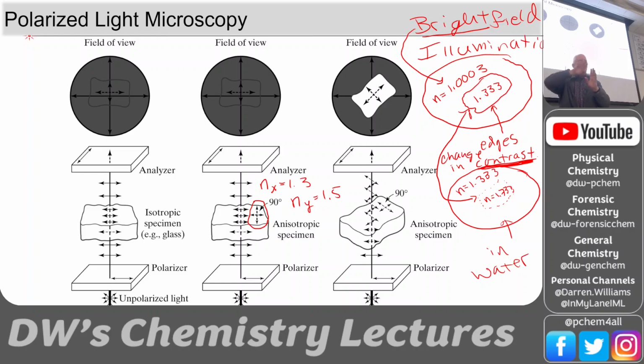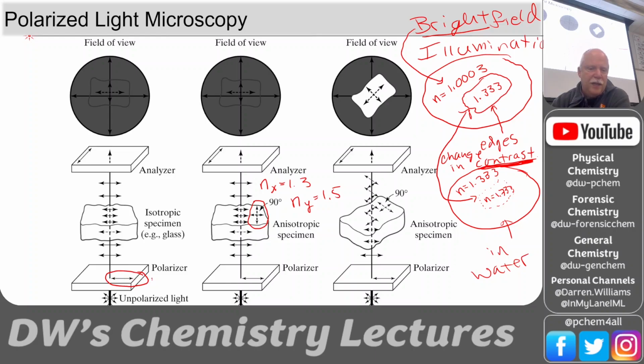When it goes through, it'll rotate, and not only that, it's wavelength dependent. So blue light will rotate differently than red light, and so we can get colors out of this and so on.